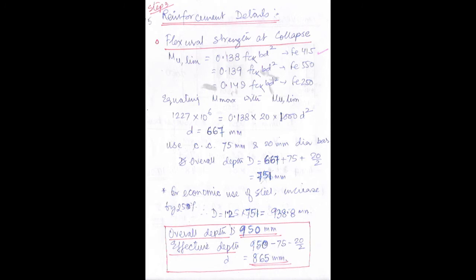So please box it. Final decision is we will take overall depth as 950, since we have got 938.8. From here again you back calculate the effective depth, that is 950 minus 75 minus 20 by 2, which comes out to be 865 millimeter. That will be the effective depth D.